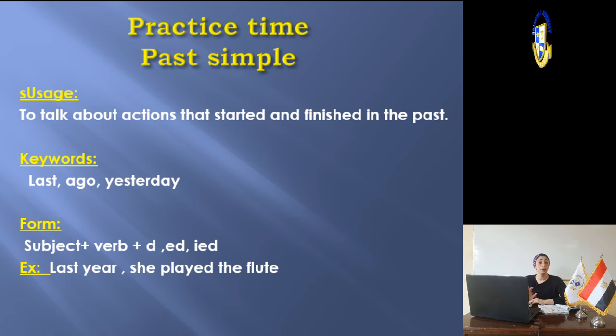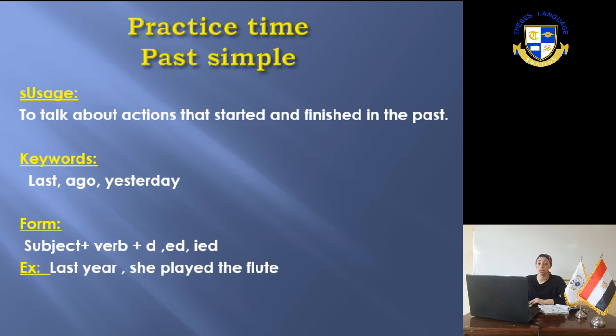Actually, if the verb ends with E, we are going to put D in order to turn it into the past form. Like what? Do you know? Yes, like, liked. Okay? And we can put IED if the verb ends with a consonant plus Y. So in this case, what are we going to do?